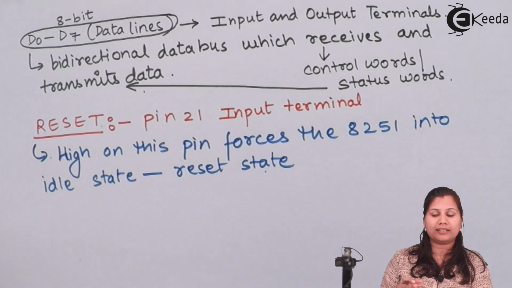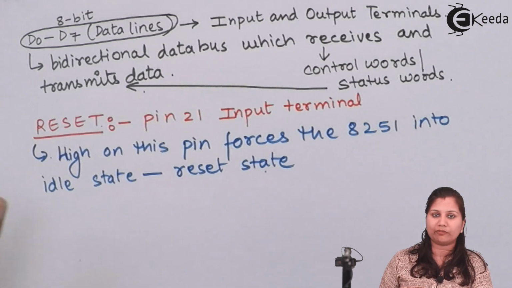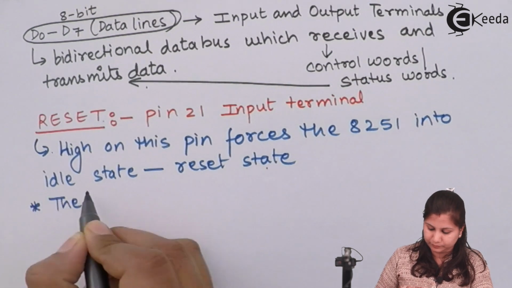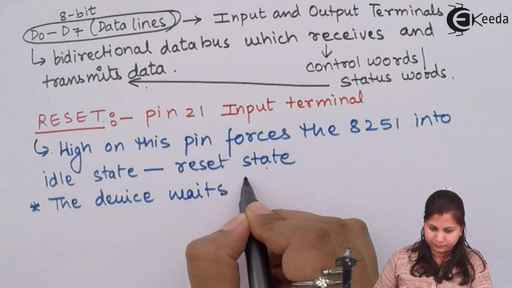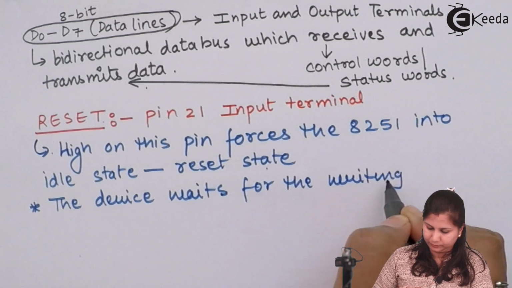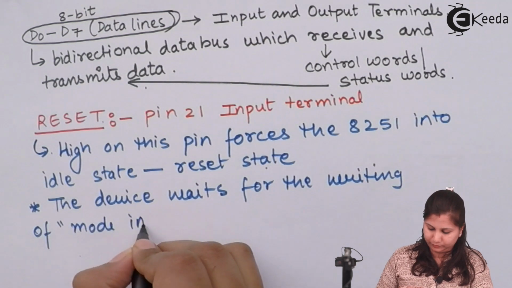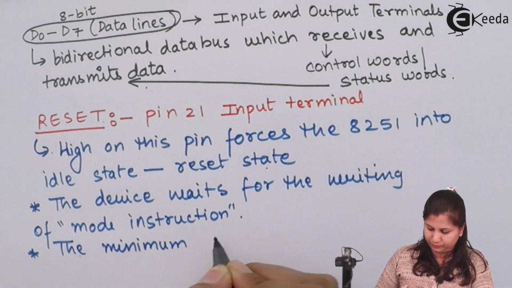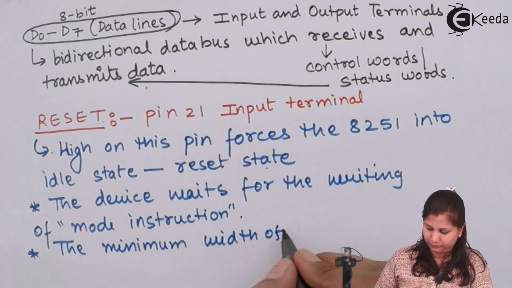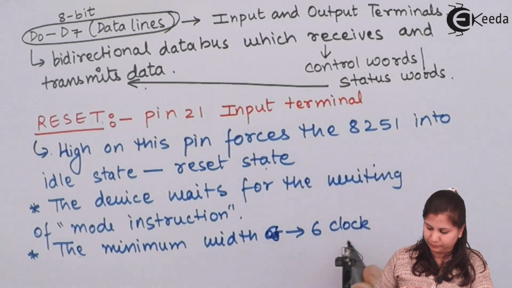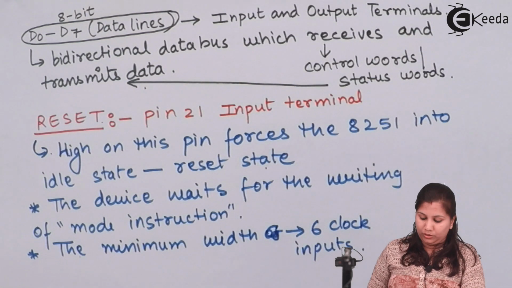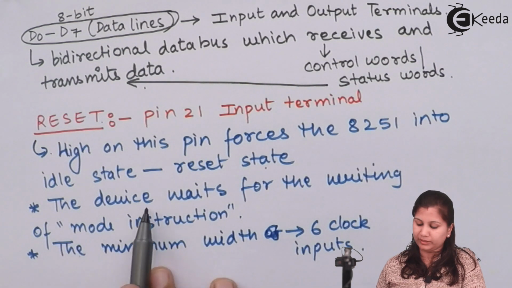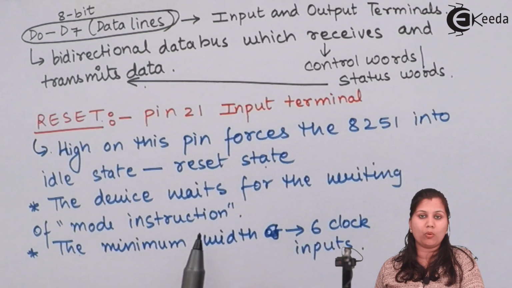All the flag conditions, control words and status words will be cleared out. So when this reset signal is given to the 8251, the device is going to wait for writing of the mode instruction.